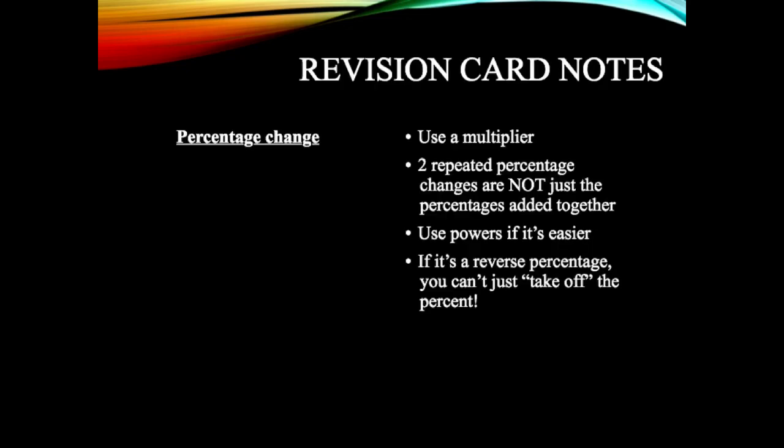As ever in these videos, we do a revision card note section at the end, and for percentage change, I would definitely write down, we're going to use a multiplier. If you're not sure, maybe make a little note that if you multiply something by 1.00, it stays the same.